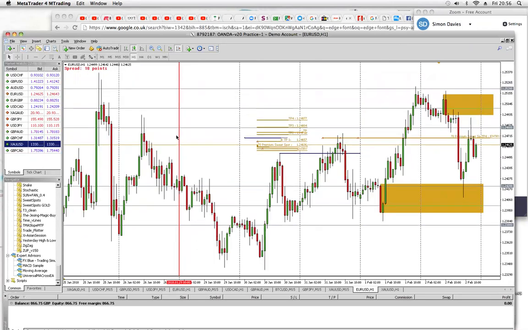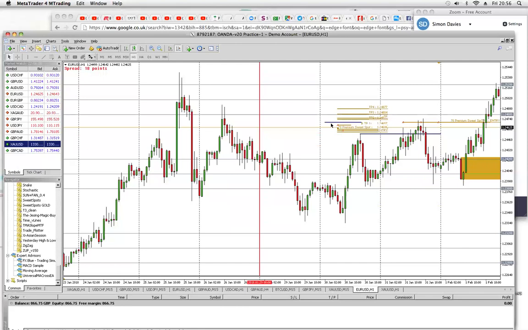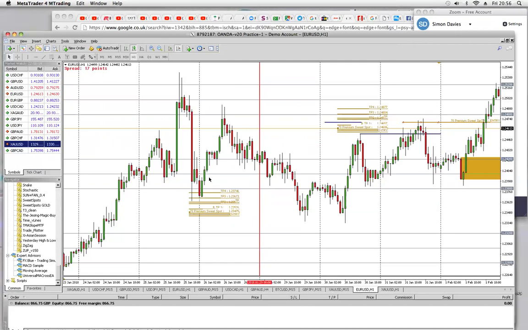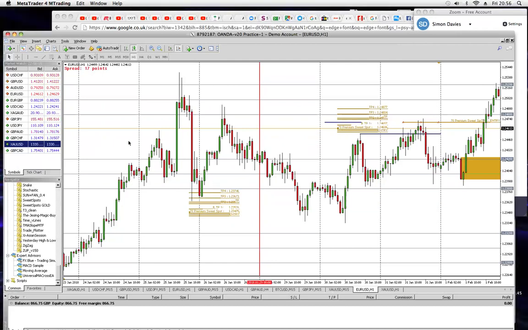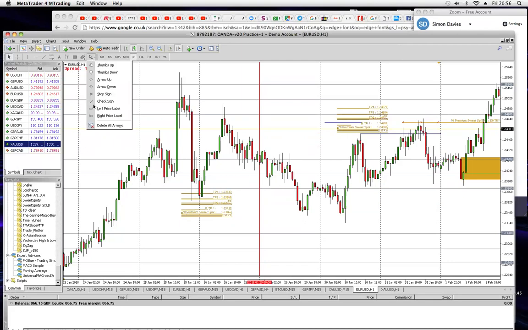So the market basically moves from stop to stop, highs to lows, and it's pretty simple when you see a chart. But when you're trading live, you've got to picture stops here. The market comes down, then comes back up to take stops, and then comes up again further to take stops.